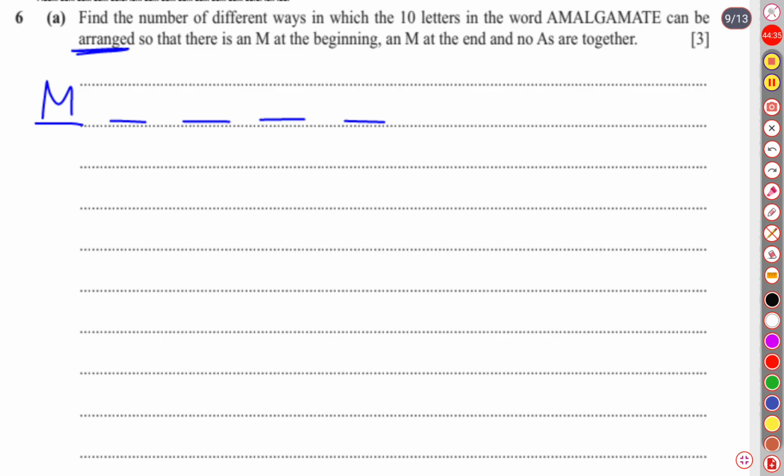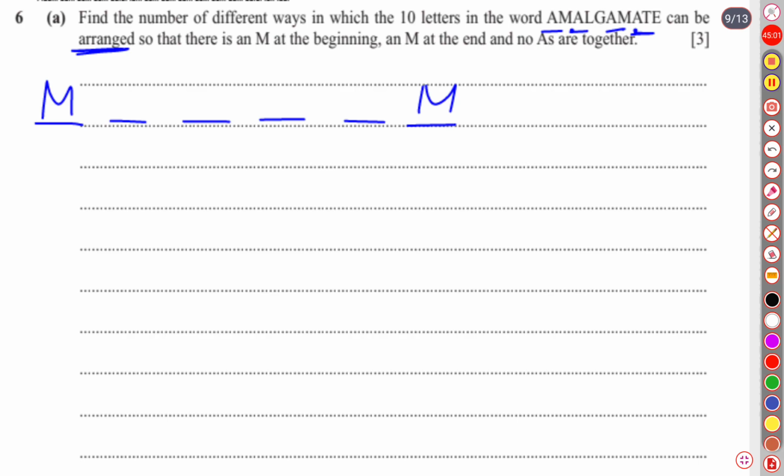Among the 10 there are 4 A's, 1 2 3 4. If the A's are left out, there remain 6 letters. So how many letters are left here? 1 2 3 4.